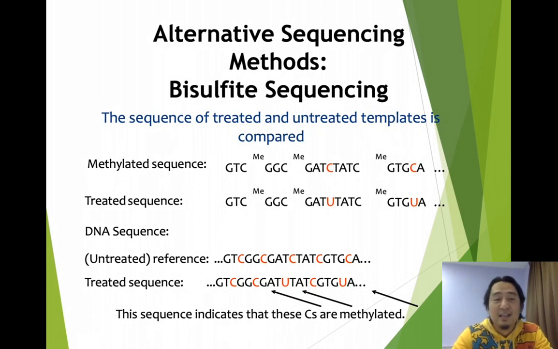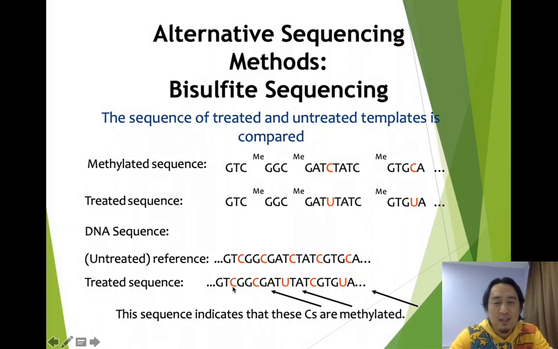So when it changes to U, this one changes to U, then the untreated reference is like GTC, this is the methylated one, GGC methylated one, GATC untreated. Okay, the treated one, GTC.